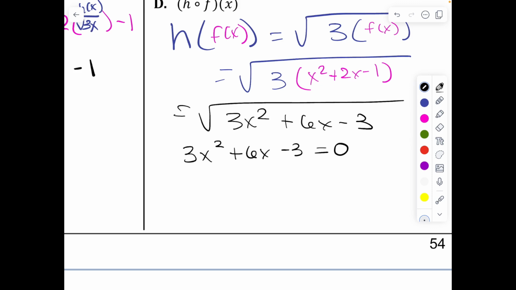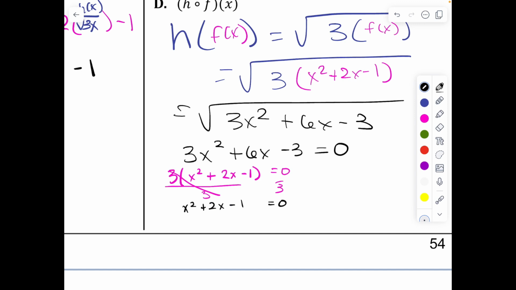One way I'm going to do this is factor out a 3, and I can divide those 3's out, and I've got x squared plus 2x minus 1 equals 0.